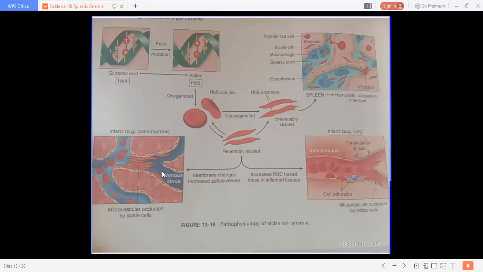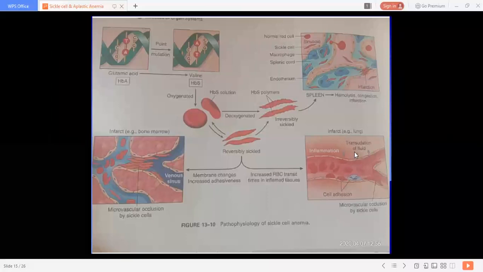Microvasculature occlusion by the sickle cell. This sickle cell gets occluded and there is infarct. This is the venous sinus where the flow gets blocked due to slowing of blood flow due to the sickle shaped cells. And there is increased RBC transit time in the inflamed tissues.